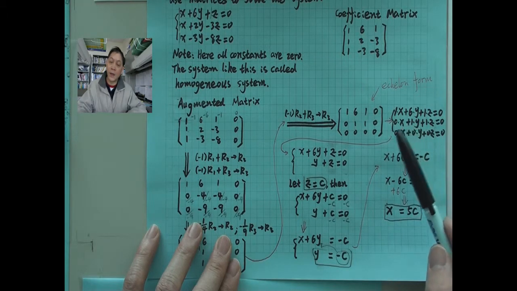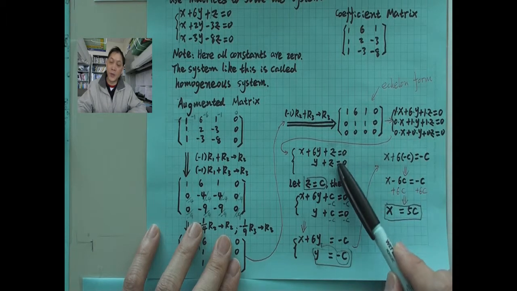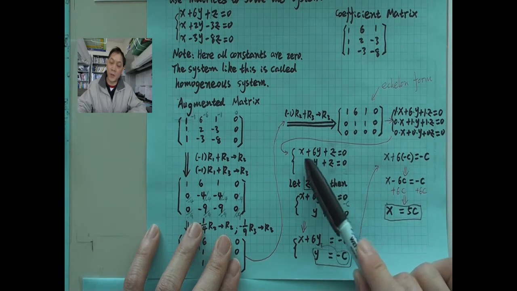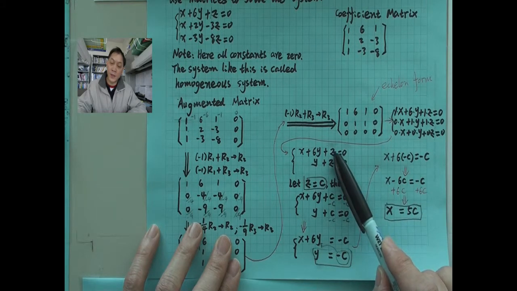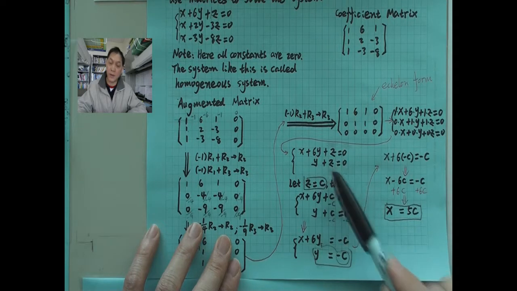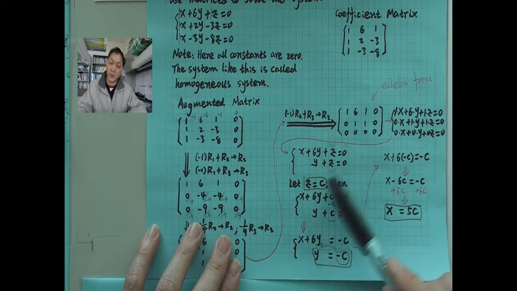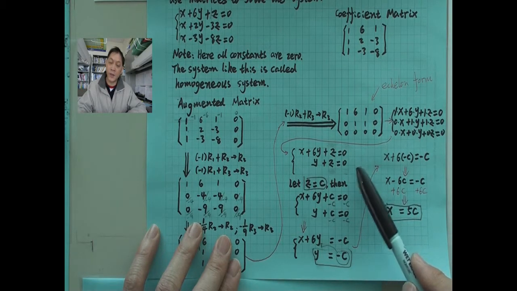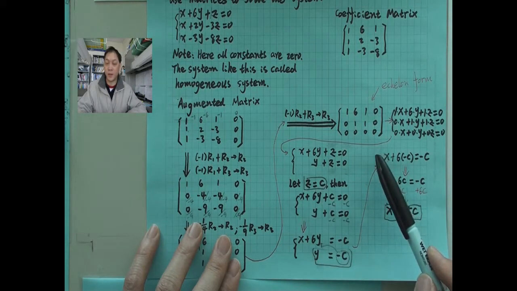Okay. Now, here we have 2 equations, 3 variables, x, y, z. We let the last one, z, be c, means a constant, can be any constant. Okay? You can let z be 3, you can let z be 5. You all get all different solutions. Okay? So let's say z is a constant c.